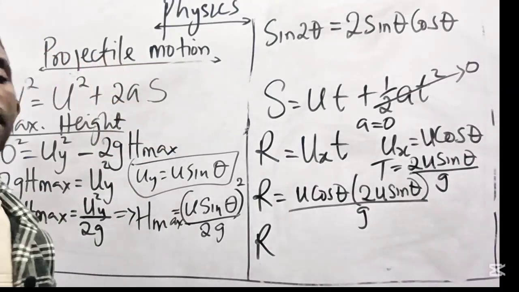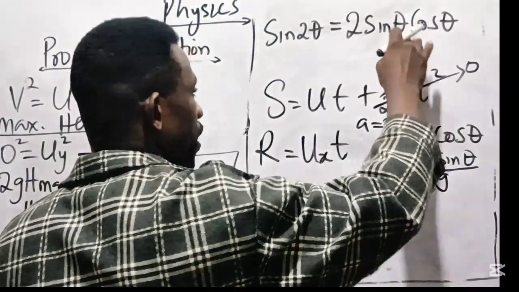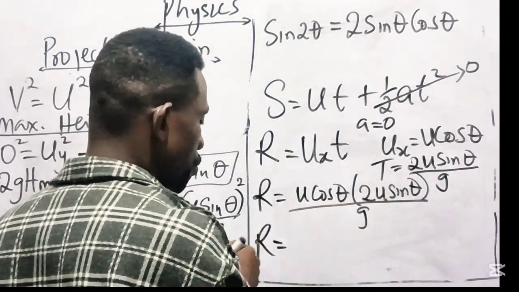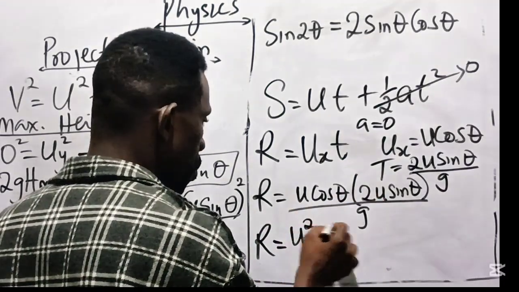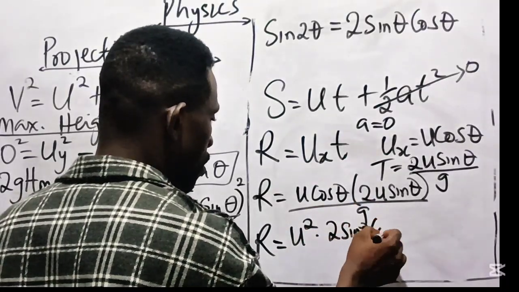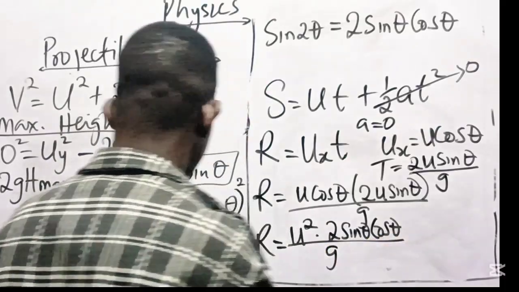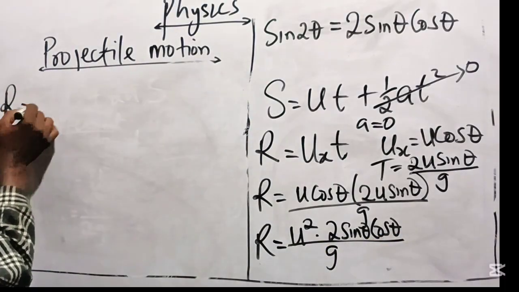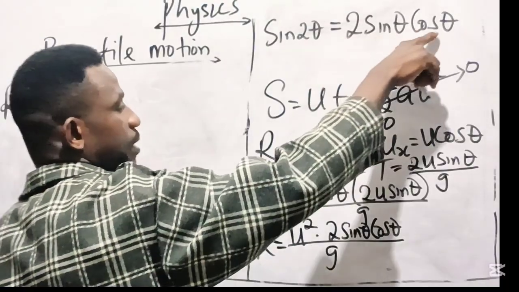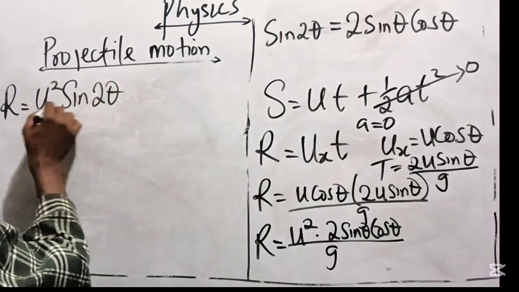So from this, we can open the bracket. U times 2u will give us u squared, then 2 sine theta cos theta, all over g. So from here, we would know it becomes u squared, and since 2 sine theta cos theta becomes sine 2 theta, we have u squared sine 2 theta all over g.